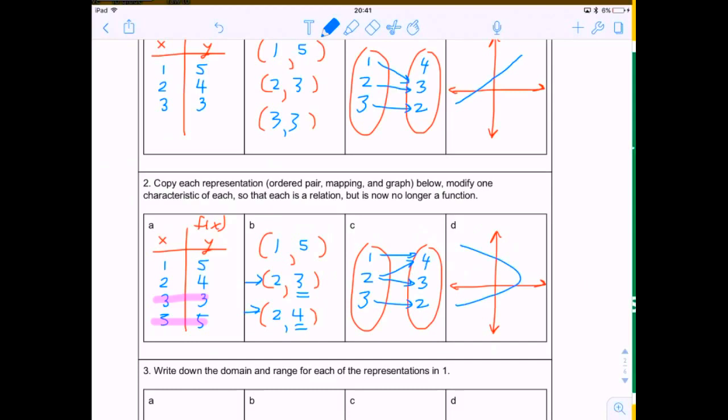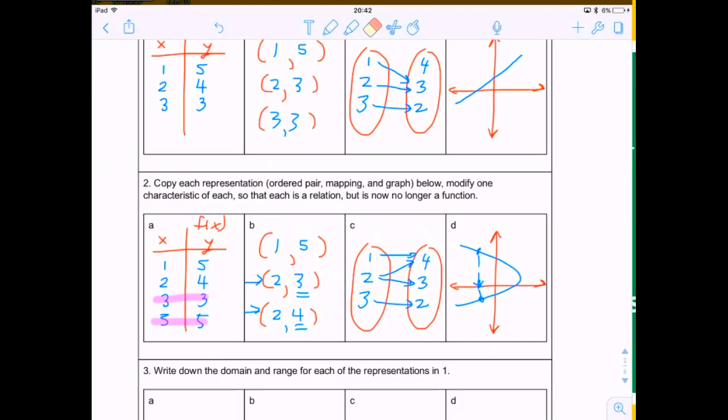And this curve, which doubles back on itself, the way we can tell that it is not a function is because we can see that for a given value of x, like for this horizontal position here, there are 2 points above and below the x-axis which correspond to that x position. Okay, so that's why this is not a function.